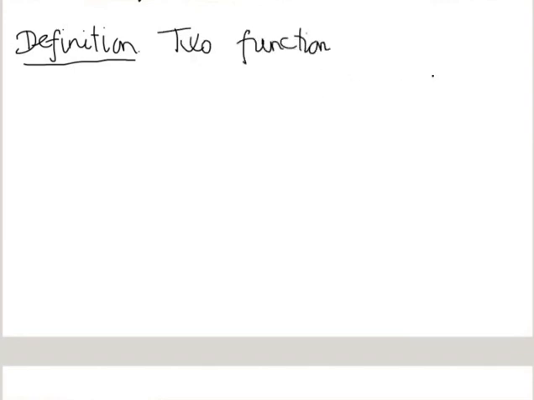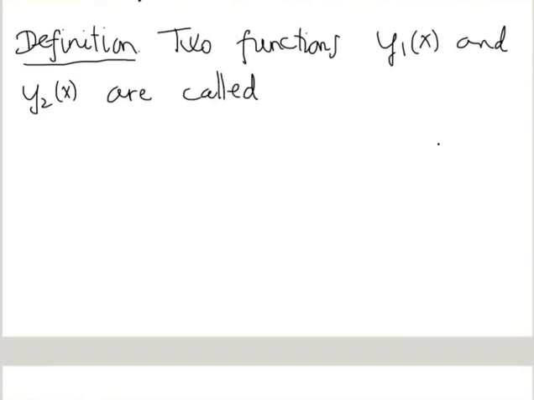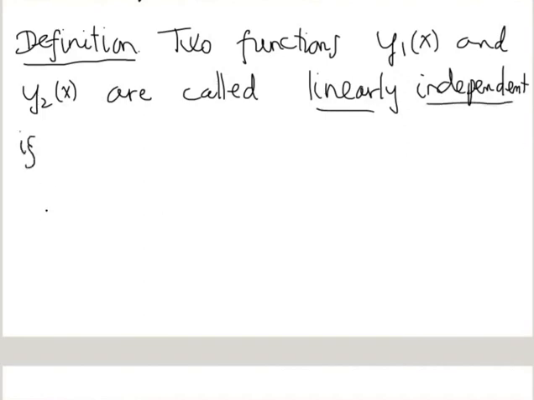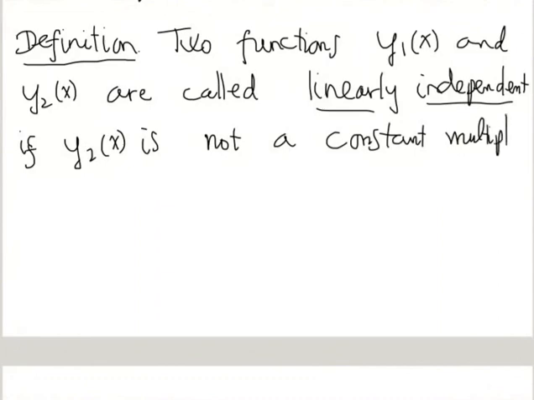Two functions, y1 of x and y2 of x, are called linearly independent if y2 of x is not a constant multiple of y1 of x, and vice versa.